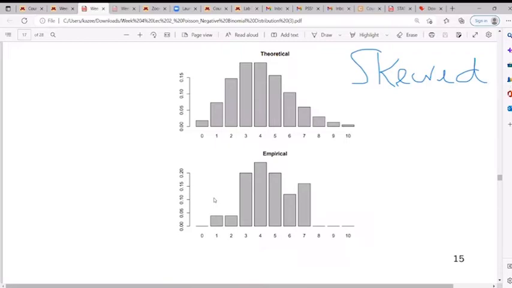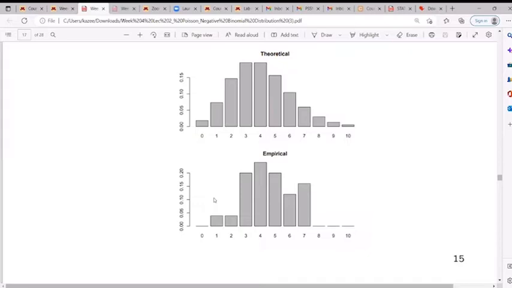The Poisson distribution is a deviation from the normal distribution. When you have some set of data, you can draw the histogram and see whether it is skewed to the right, skewed to the left, or balanced.